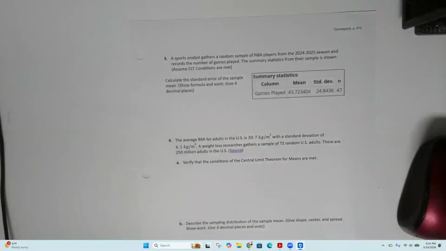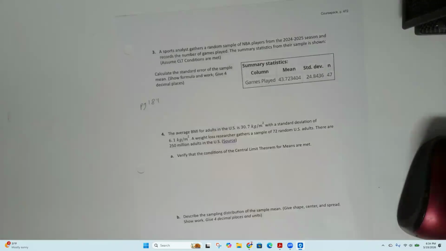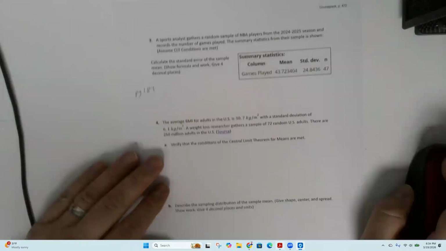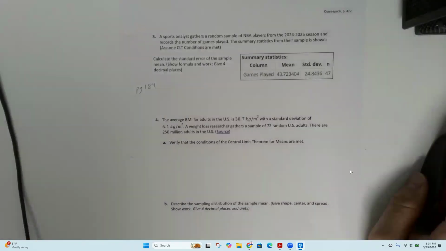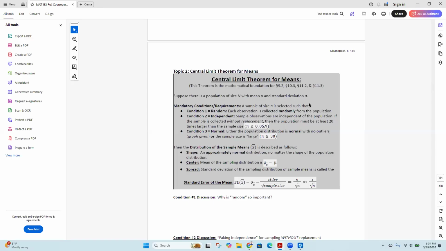You'll find information on this on page 184. Okay, and page 184 is about the central limit theorem for means. So I'm actually going to pull up the course pack for this. So here it is, page 184, central limit theorem for means.